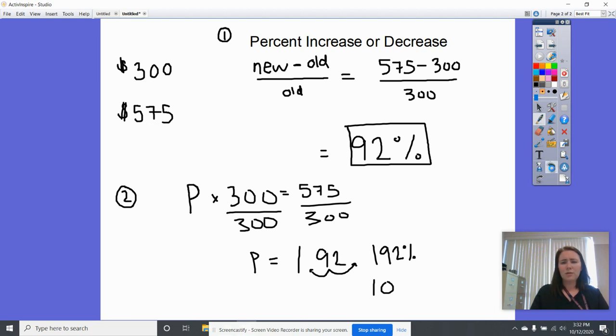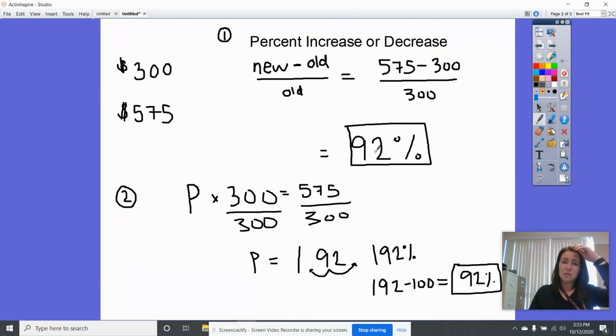So we have to do 192 minus 100 to see what's left over, and that would be 92%. So again, this strategy takes an extra step, but then you don't have to memorize anything new. This strategy, you have to memorize something new, but it gives you the answer. Also, this was a positive 92%, which means it was an increase. That's a percent increase. So that is percent increase and decrease.